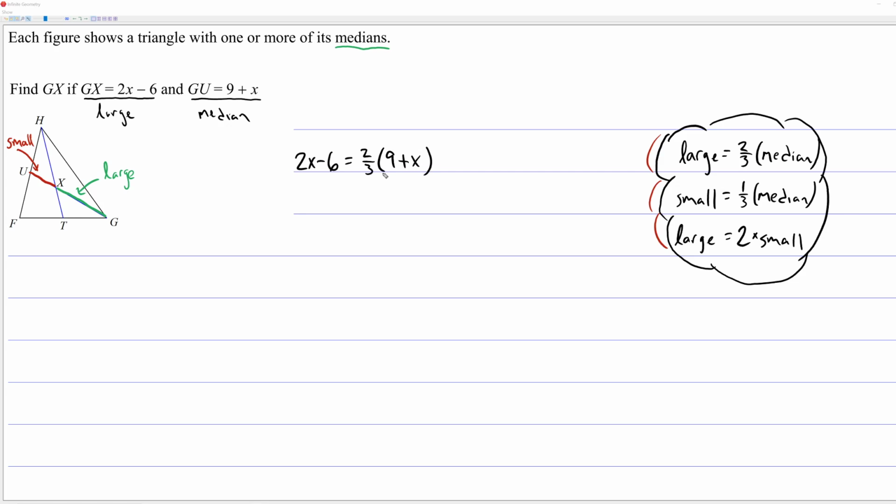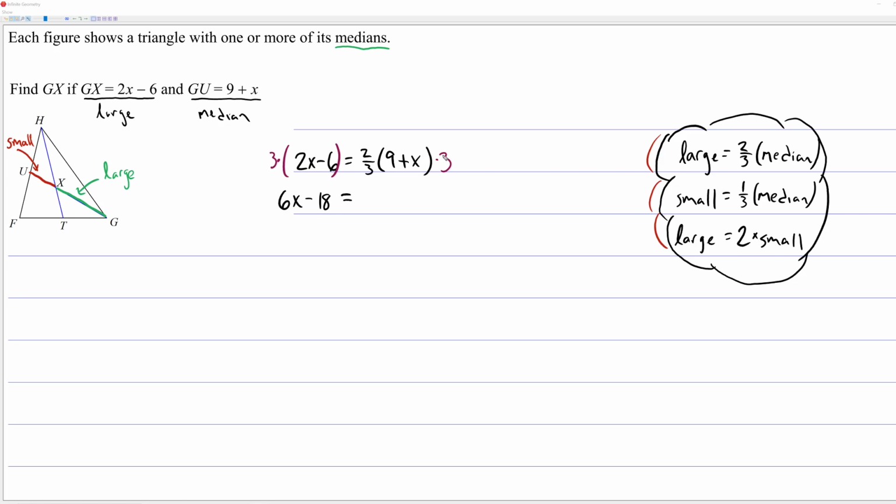So you can solve this equation by hand, or you can solve it in the calculator. It doesn't really matter. I still don't have a calculator open. What I'm going to do is multiply by 3 on both sides of the equation to make the fraction go away. So on the left-hand side, we're going to have 6x minus 18.